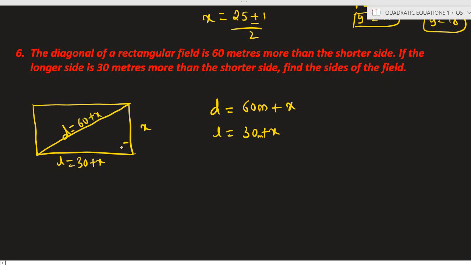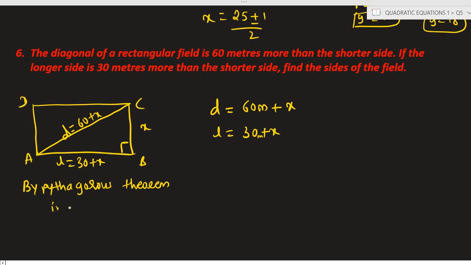See, we know that in a rectangle all angles are 90 degrees. By Pythagoras theorem, I am using a right angle triangle ABC.